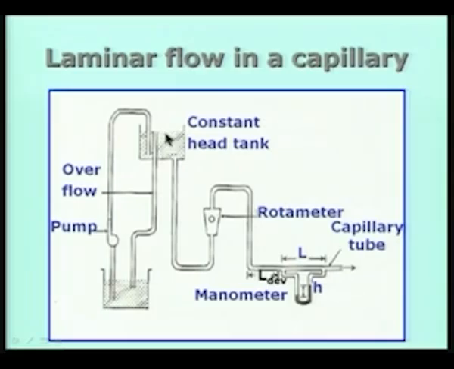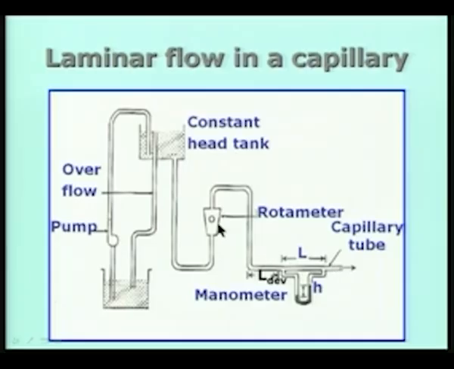If this level is constant with respect to the level of the tube, there is a given head which is maintained for the flow of the liquid or the fluid through the capillary tube.